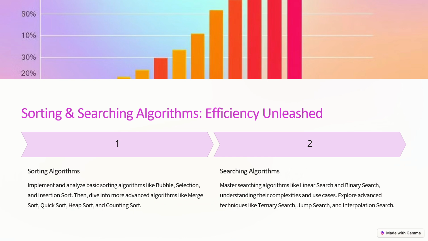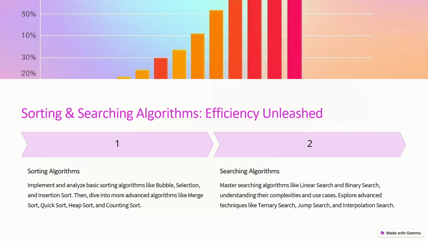Merge sort, quick sort, and heap sort are used in real-world applications and are O(n log n). In sorting, we implement and analyze basic sorting algorithms like bubble sort, selection sort, insertion sort, then dive into more advanced algorithms like merge sort, quick sort, heap sort, and counting sort.